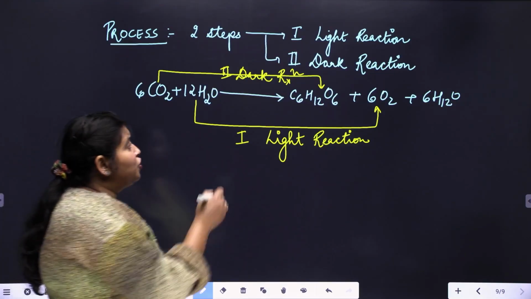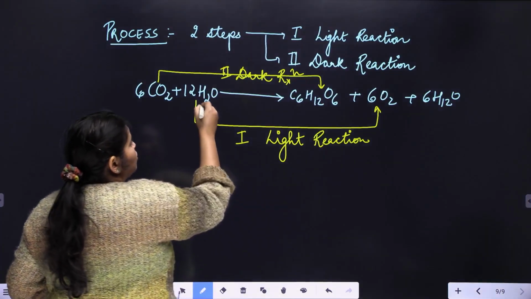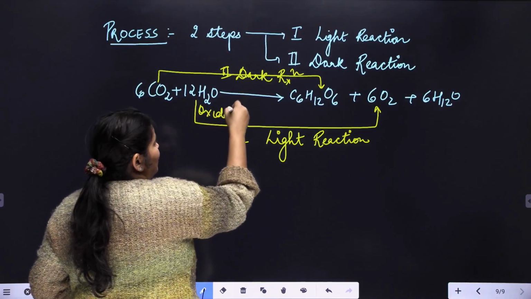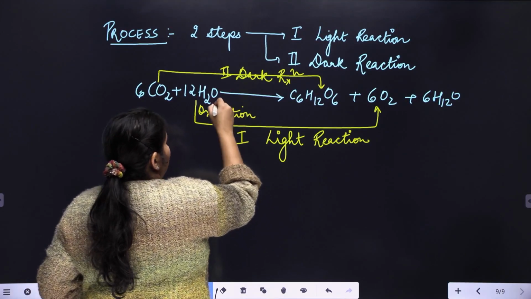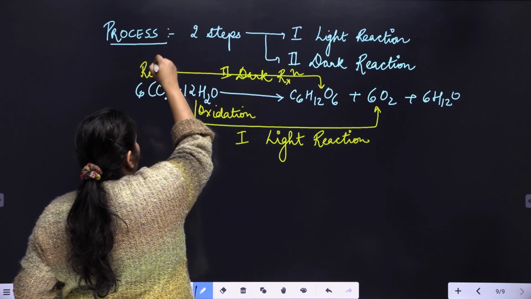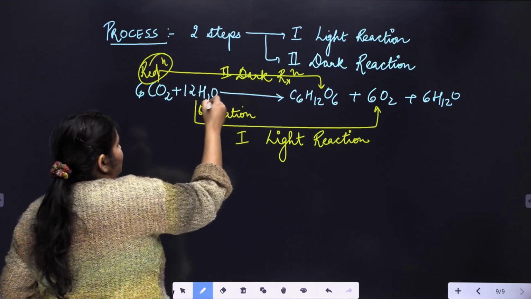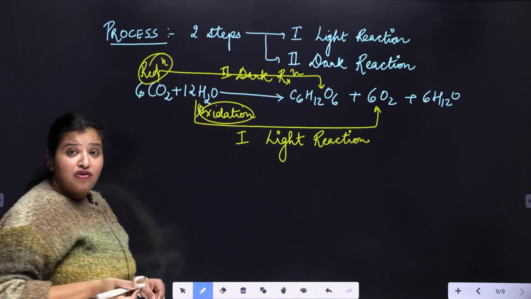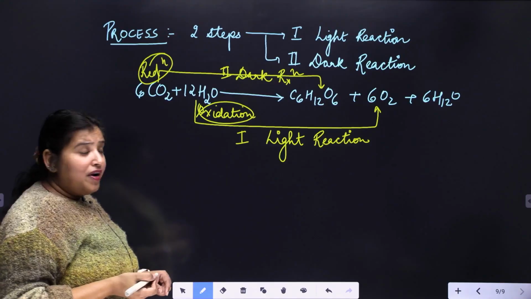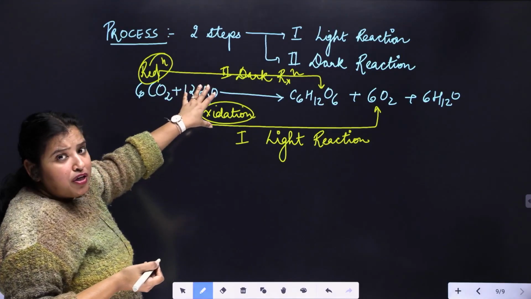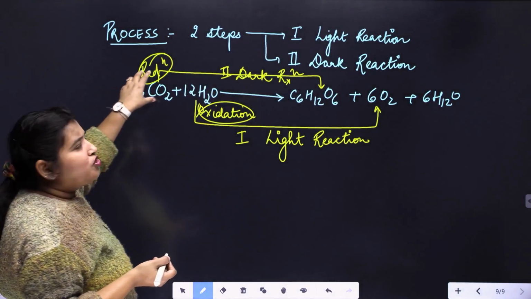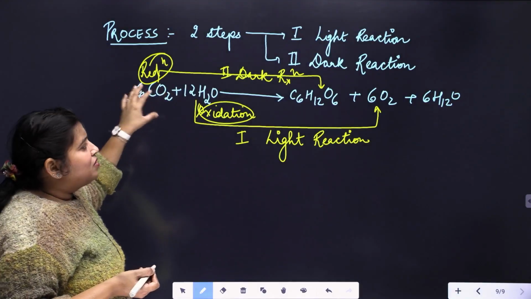Now, if you can see, during this process, oxidation of water is taking place and reduction of carbon dioxide is taking place. So this is a redox reaction. All right, oxidation of water molecule is taking place and reduction of carbon dioxide is taking place.